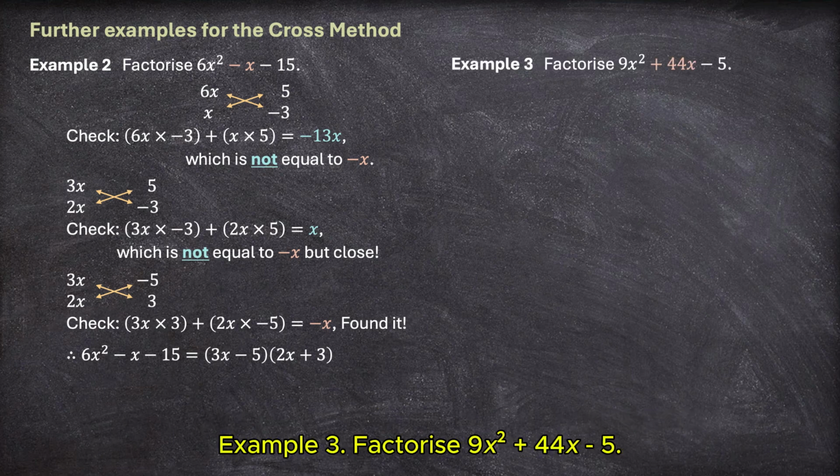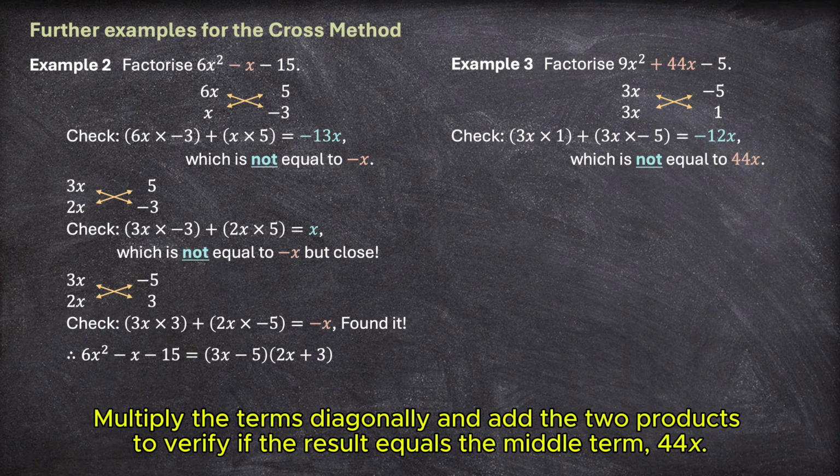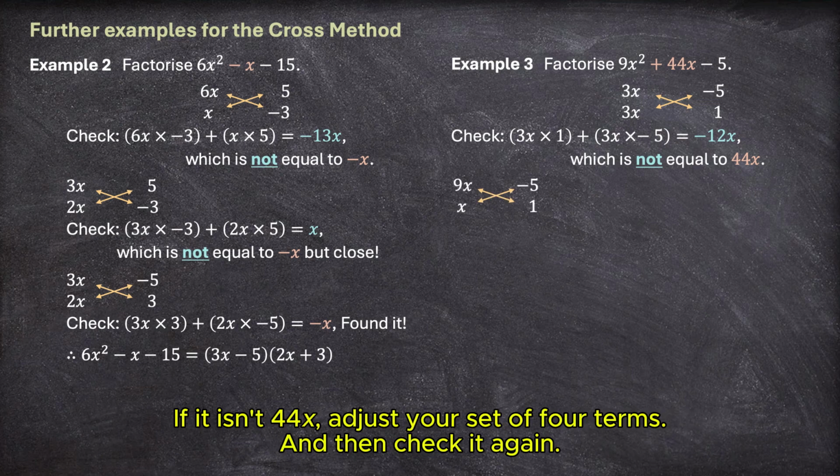Example 3. Factorize 9x squared plus 40x minus 5. Pick your first set of terms. Multiply the terms diagonally and add the two products to verify if the result equals the middle term, 40x. If it isn't 40x, adjust your setup of terms, and then check it again.